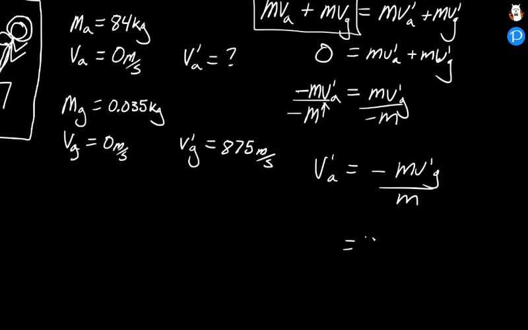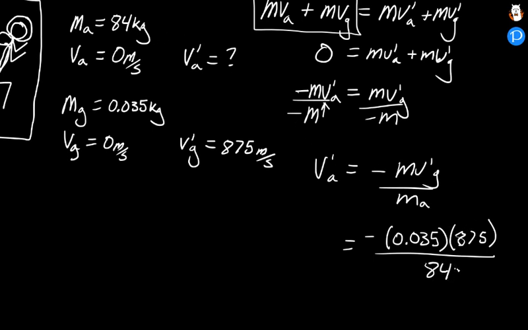We've got the mass of the gas was 0.035 kilograms times the velocity, which is 875 meters per second, divided by the mass of the astronaut right here, which is 84 kilograms.